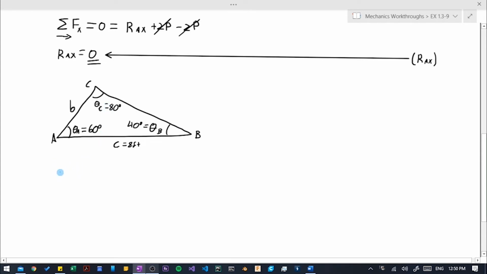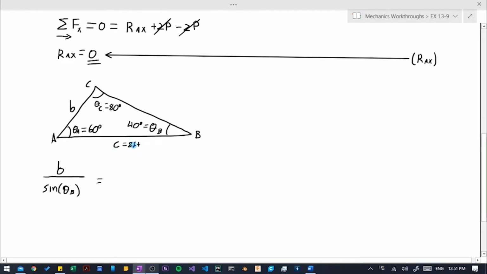So the law of sines tells us that the length of one side divided by the sine of the angle of the opposite corner, right? So the length of this side right here divided by the sine of this angle is equal to the length of any other side divided by the sine of its opposite corner.